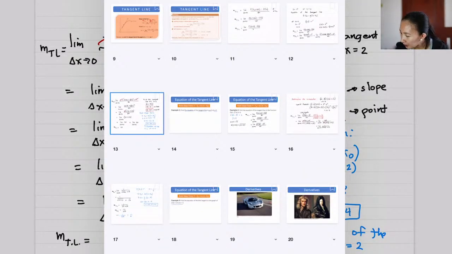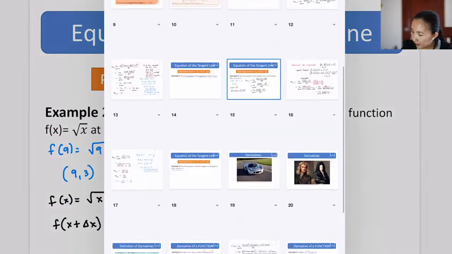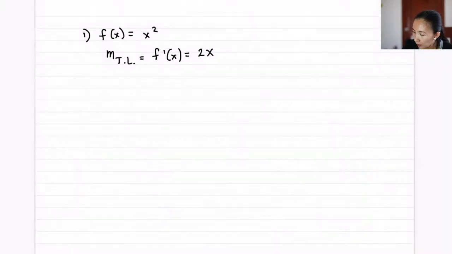Next, let's look at example number 2. Example number 2 is, take note, square root of x. Let me write that. We have the function f of x equal to the square root of x.